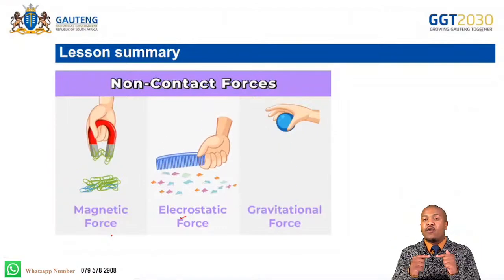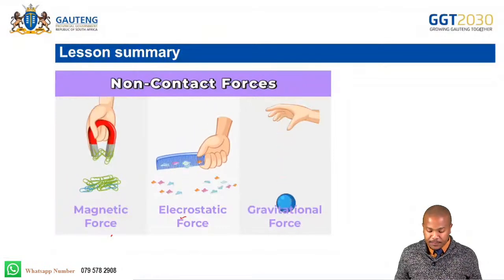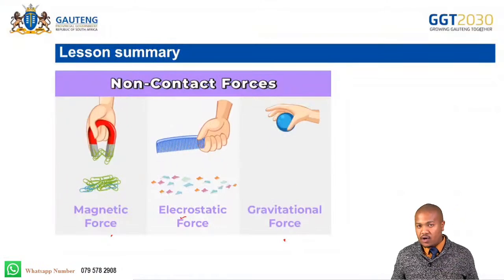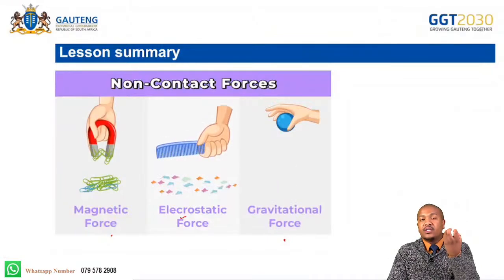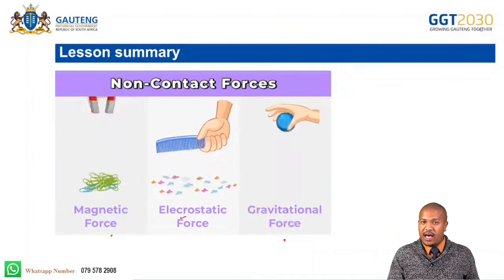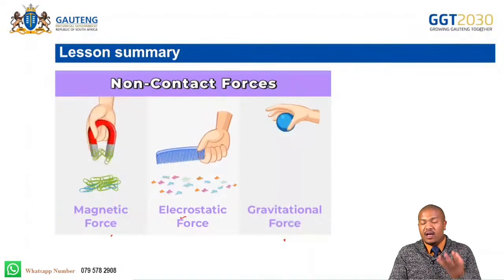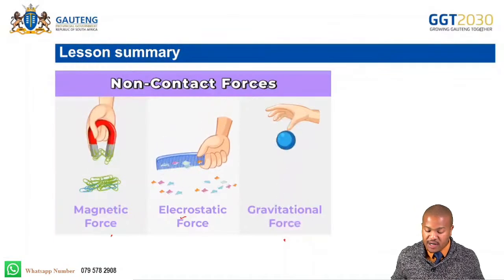There's going to be some force of attraction in the form of electric discharge or contact, right? And as well as gravitational force, we said that it is a pulling force exerted by the earth on all objects on earth. It pulls everything down towards the center of the earth. So these are the examples that we explored in today's lesson.